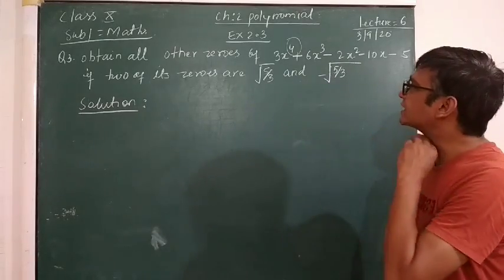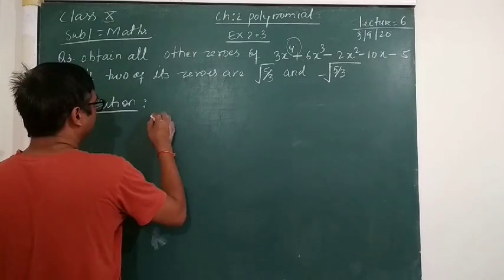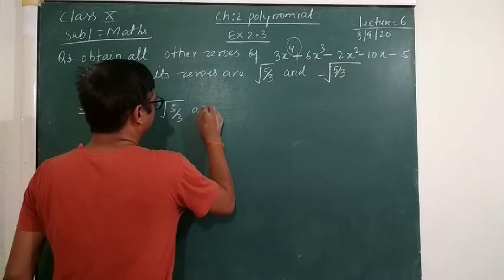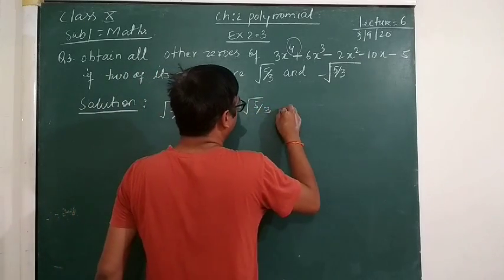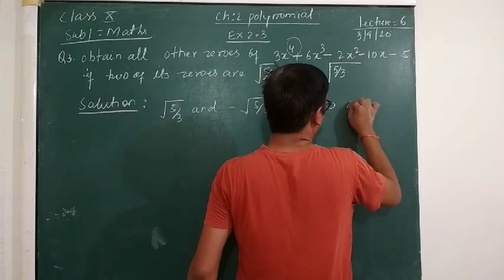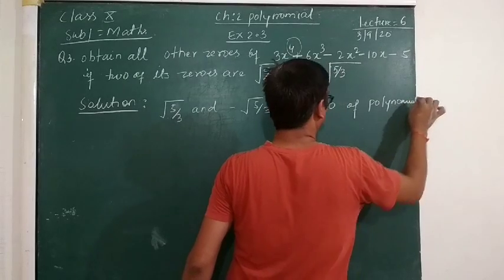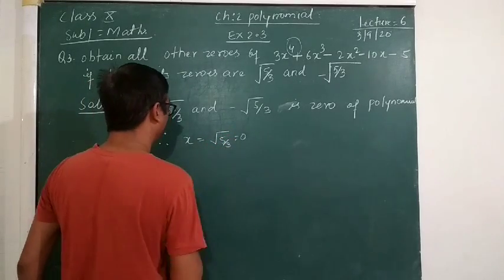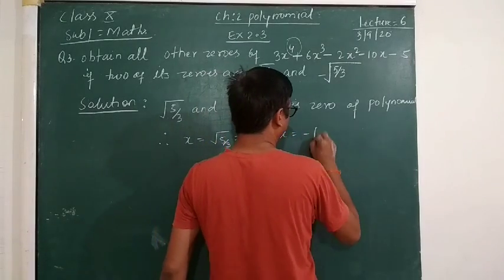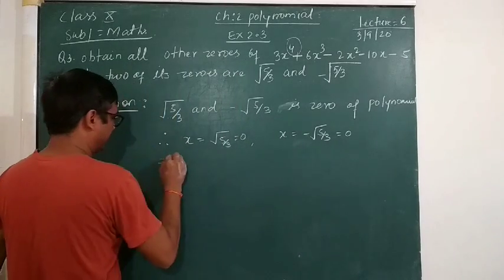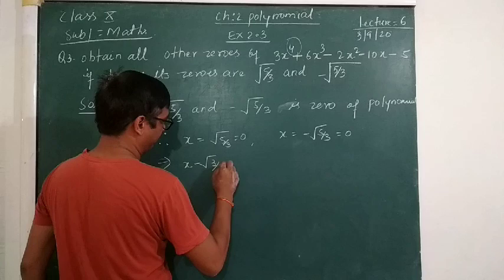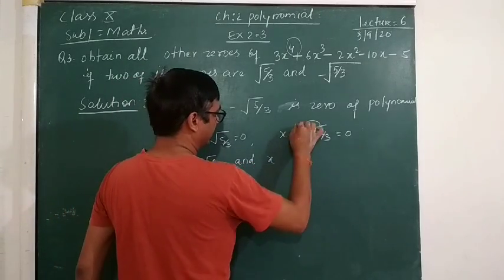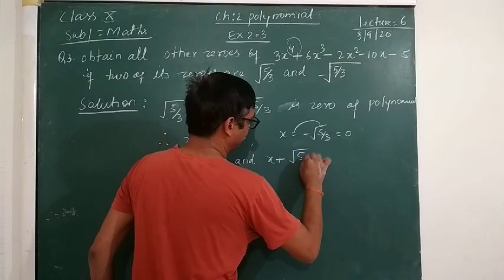So first we find out the g(x) for this polynomial. The zeros of the polynomial are root(5/3) and minus root(5/3). Hence x = root(5/3), so x minus root(5/3) is equal to 0, and x = minus root(5/3), so x plus root(5/3) is equal to 0.